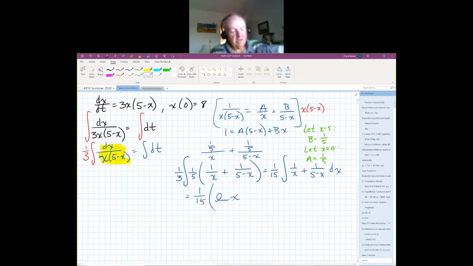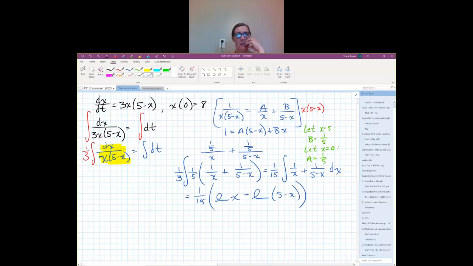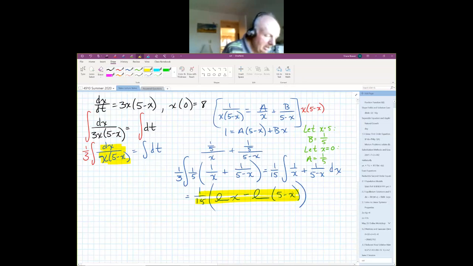Now what's the integral of 1 over 5 minus x? Isn't it negative natural log of 5 minus x? Yep. And so that is the left side in yellow, and the right side in green is just t plus c.